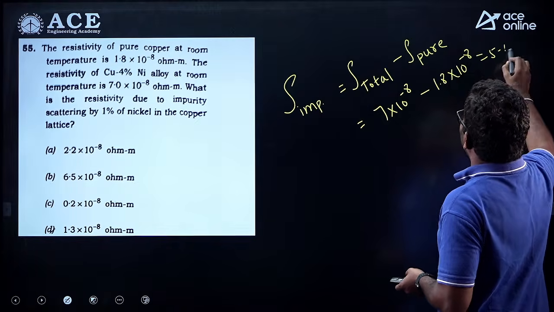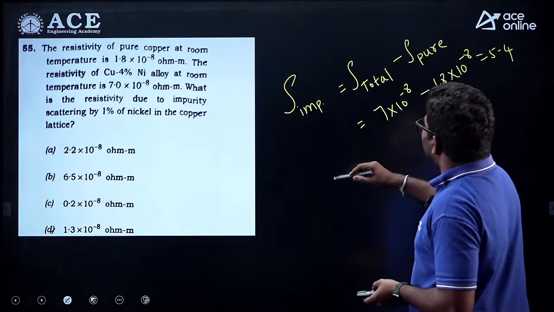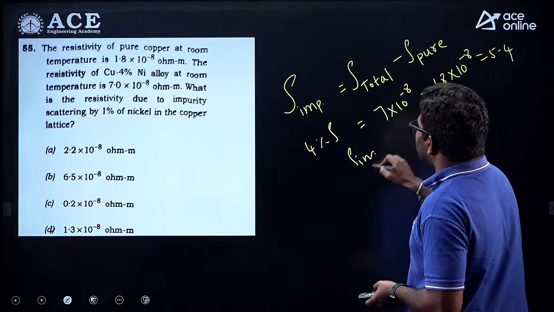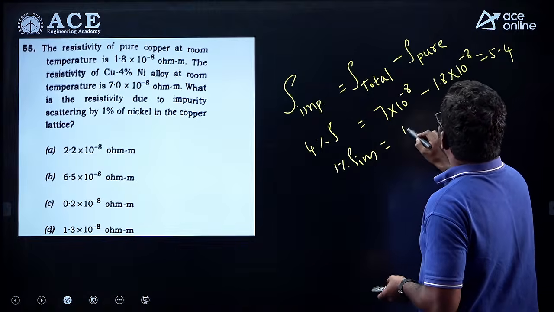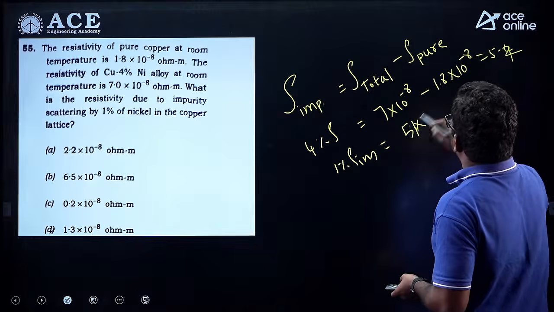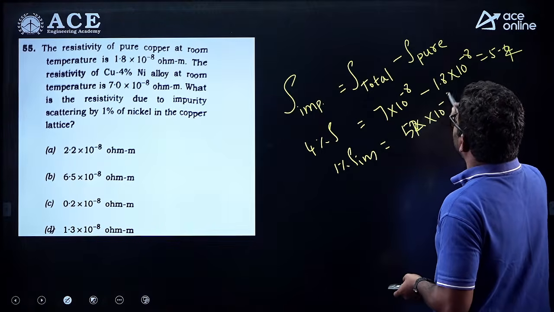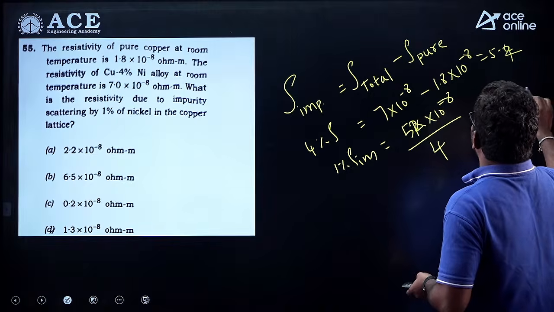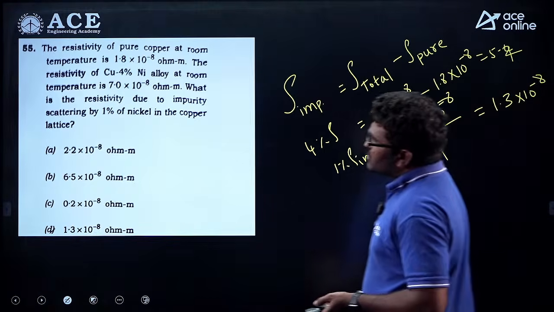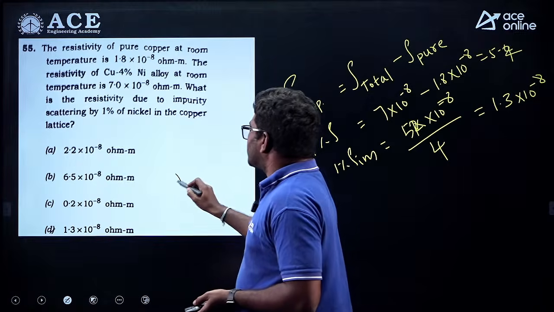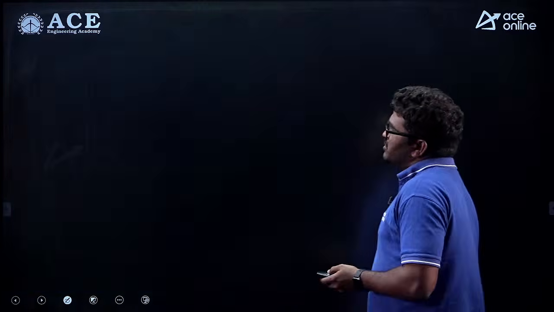So you will get approximately 5.4 for 4% of impurity material. So for 1% of impurity material, if I want, you will get 5.2 into 10 power minus 8 by 4, which is approximately 1.3 into 10 power minus 8. So D is the correct option for this question, a simple question.